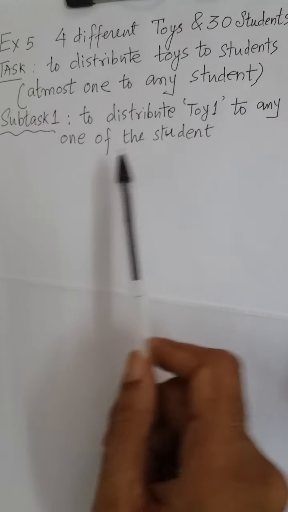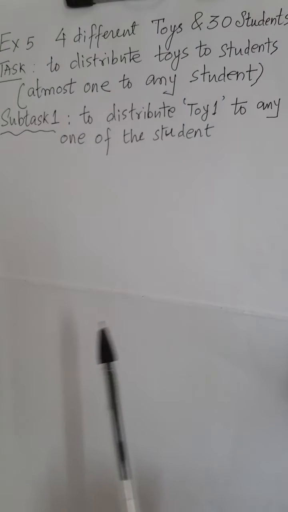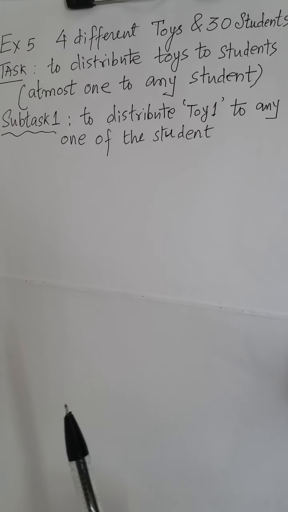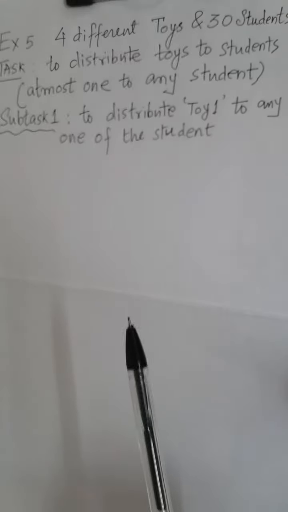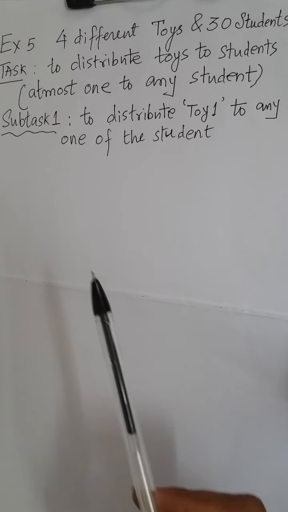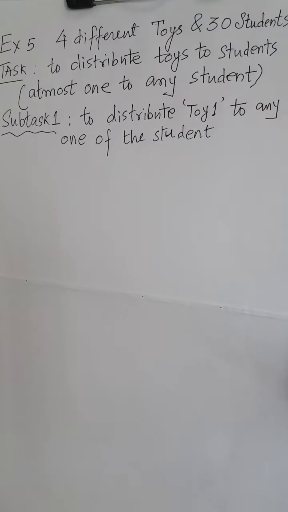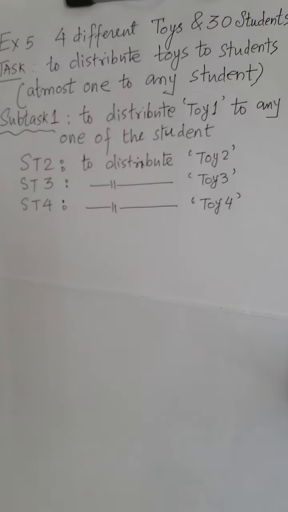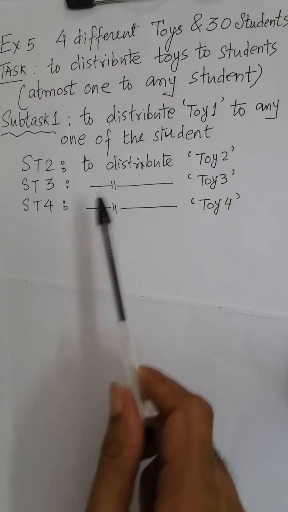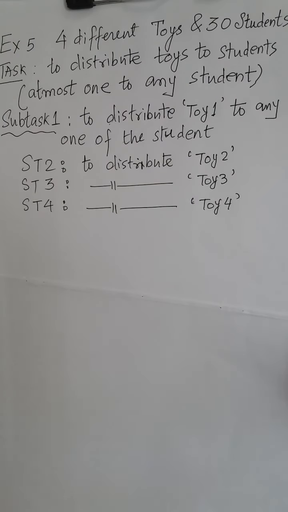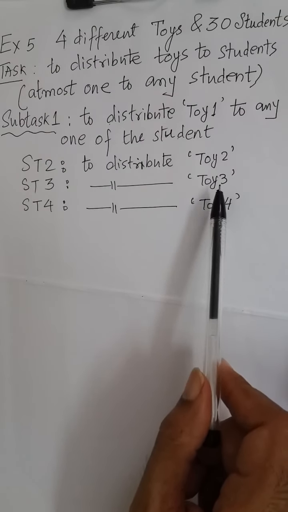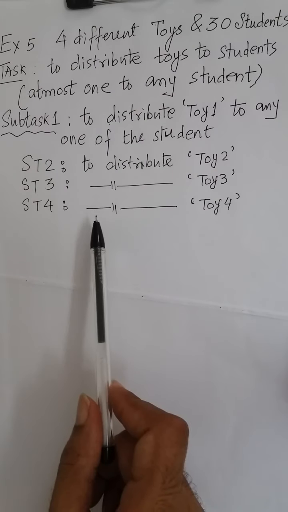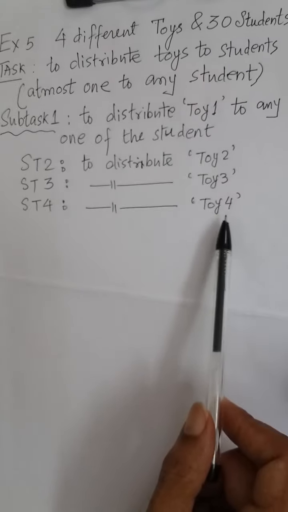So subtask 1 is to choose a student for toy 1 distribution, or to give toy 1 we have to choose a student. Similarly, the second subtask is to distribute the second toy, or to choose a student for the second toy. The third subtask is to distribute toy 3 or choose a student for the third toy. And the fourth, finally, is this.